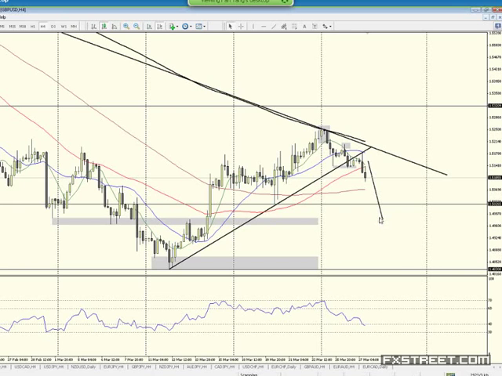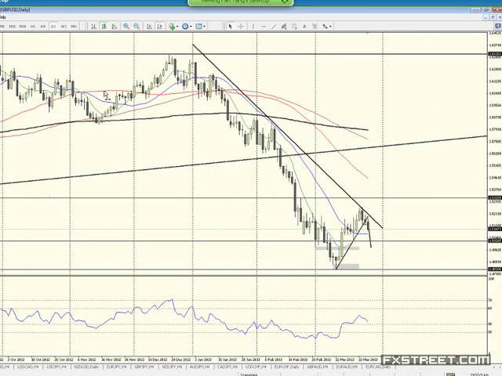I'll probably move in my trailing stop, because I would expect some consolidation, which means if there is some consolidation, I would still have a chance to get back in if there's a break to the downside, and I would look for 1.4830 as the next target, maybe 4830 up to 4850 area down here for the 2013 lows for this swing.